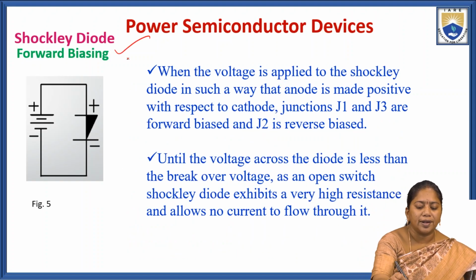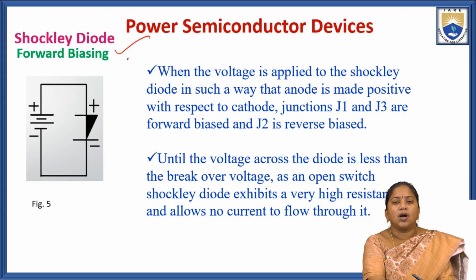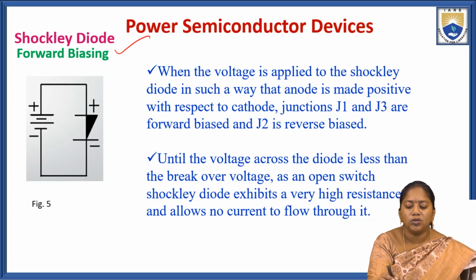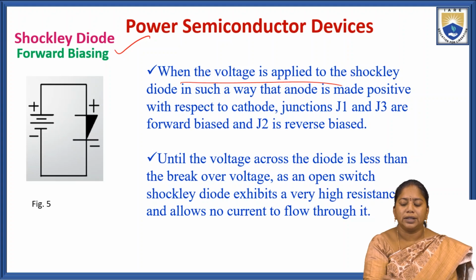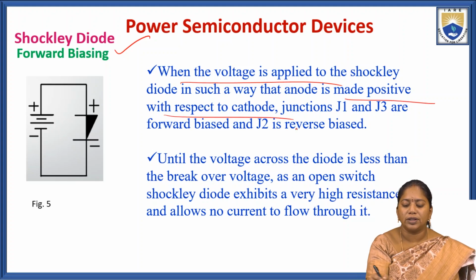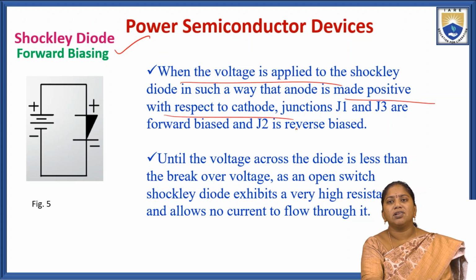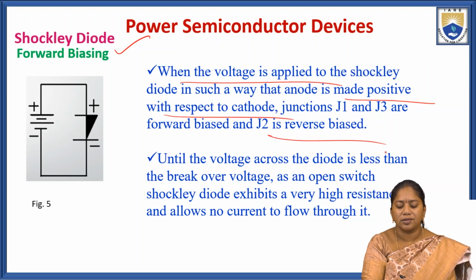Forward biasing. Figure 5 shows the Shockley diode in forward bias mode. When the voltage is applied to the Shockley diode in such a way that the anode is made positive with respect to the cathode, the junctions J1 and J3 are forward biased and J2 is reverse biased, as long as the voltage across the diode is less than the breakover voltage.